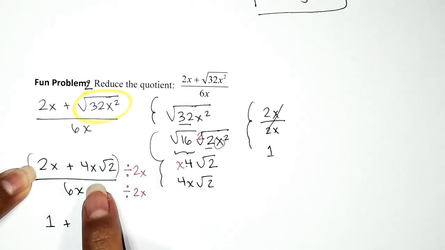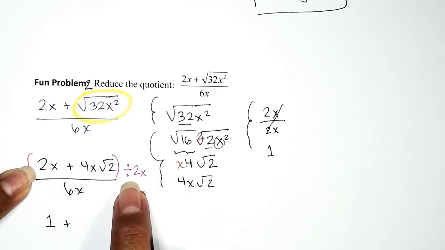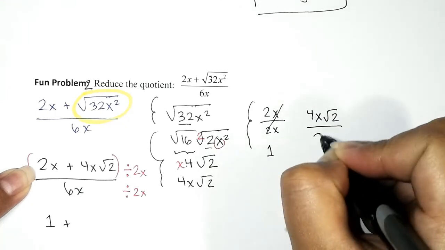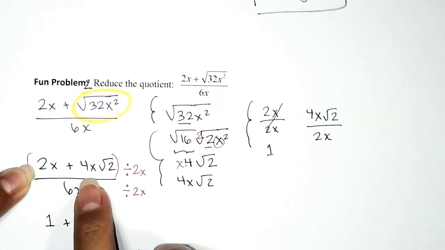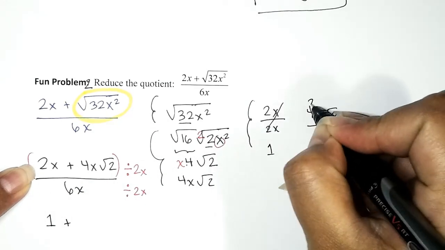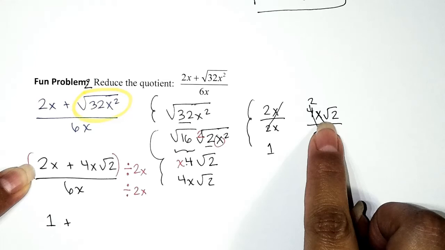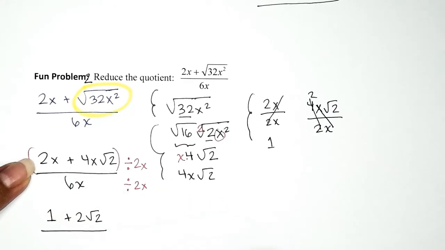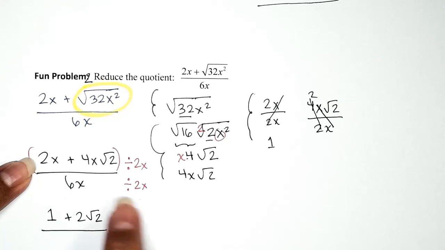Plus 4x square root of 2 divided by 2x. If you need a thinking area, ain't no shame, go ahead and write it. That will leave us with 2 square root of 2. Plus 2 square root of 2, and that's all over 6x divided by 2x.